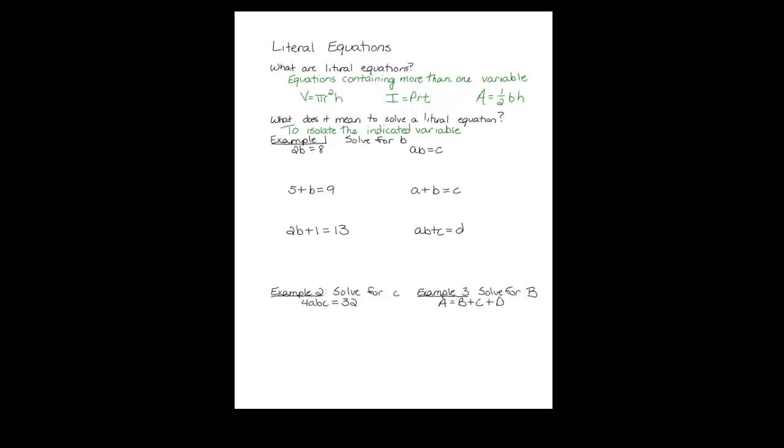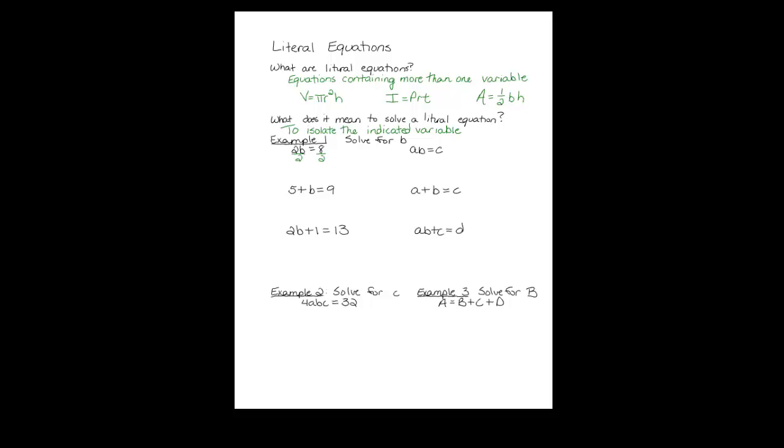So starting here, we have 2b equals 8. This is something familiar. This is something that we can solve. So if you think back to the process used, we have 2b equals 8. Think about how is the 2 attached to the variable? 2 times b. We want to undo that multiplication. So we're going to divide both sides by 2.